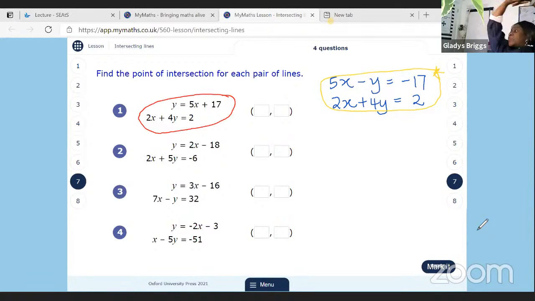We still have 20 minutes. So maybe we can have a look at equation of a circle today.